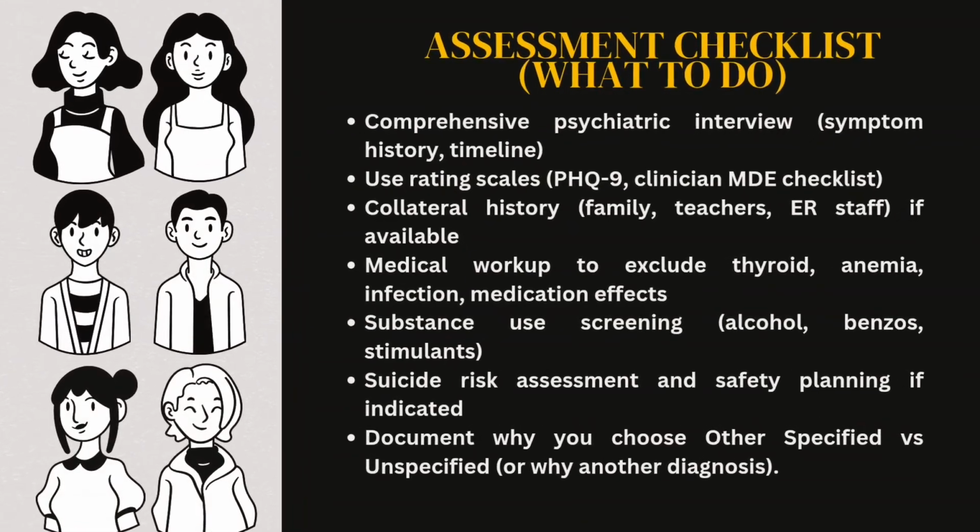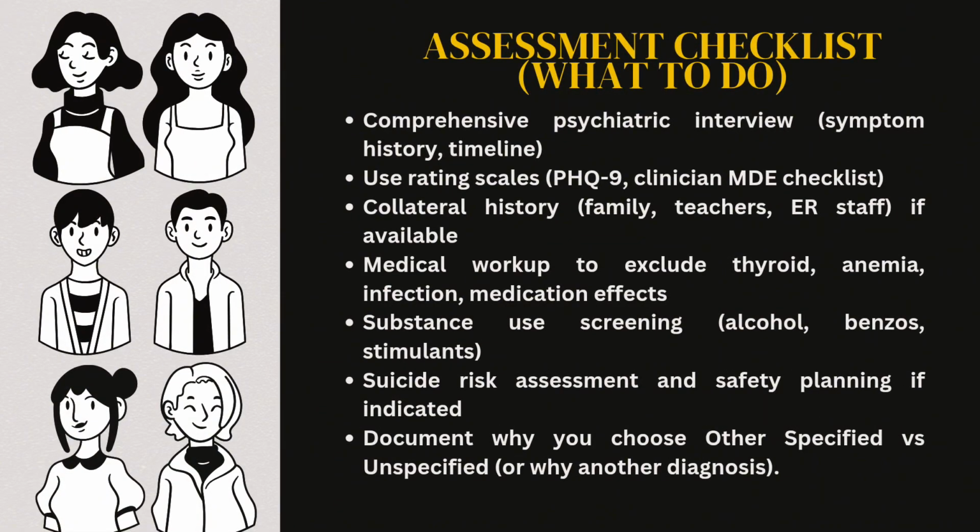When assessing these cases, clinicians follow several steps. First is a psychiatric interview to gather details on symptoms, duration, and severity. Then they use rating scales such as the PHQ-9 to measure depressive symptoms. Also, they collect collateral information from family or teachers if available.